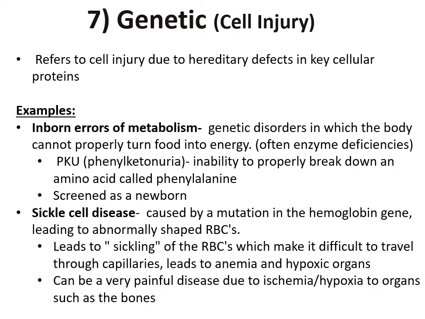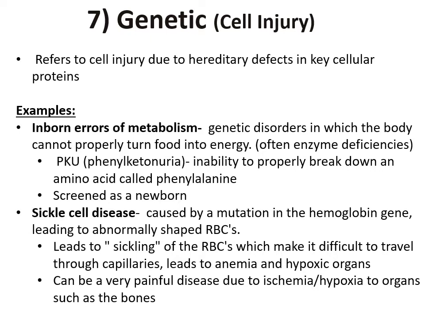And an example of this is PKU, phenylketonuria. Okay, this is what we call an inborn error of metabolism. So it's a genetic disease that you acquired from your parents, and they may not have had it. They may have just been a carrier of this genetic disease, meaning they carry the defect on one of their chromosomes, but they don't actually have the disease.